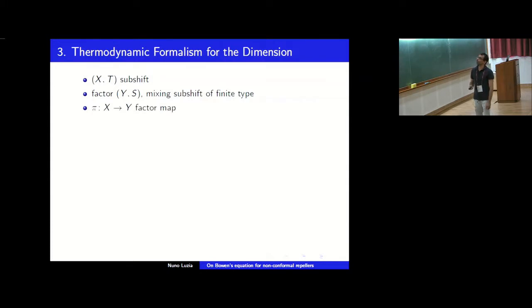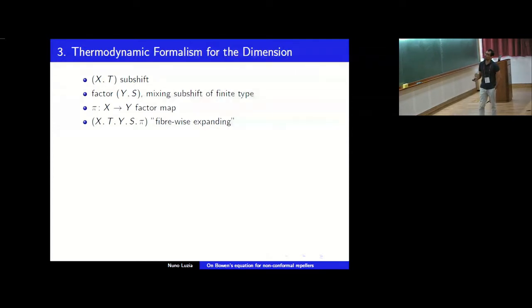And we'll call P the factor map. In previous examples it was the projection onto the vertical space, okay? And we will consider this whole system, okay, fiber-wise expanding. I will not explain this in detail, but as the name suggests, it's expanding on fibers, okay?